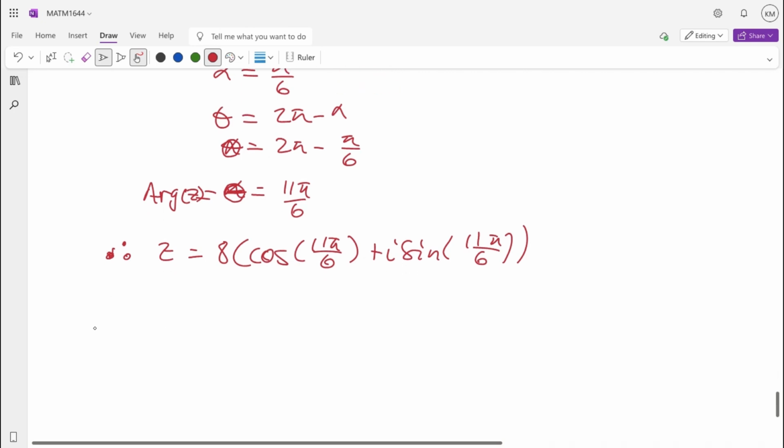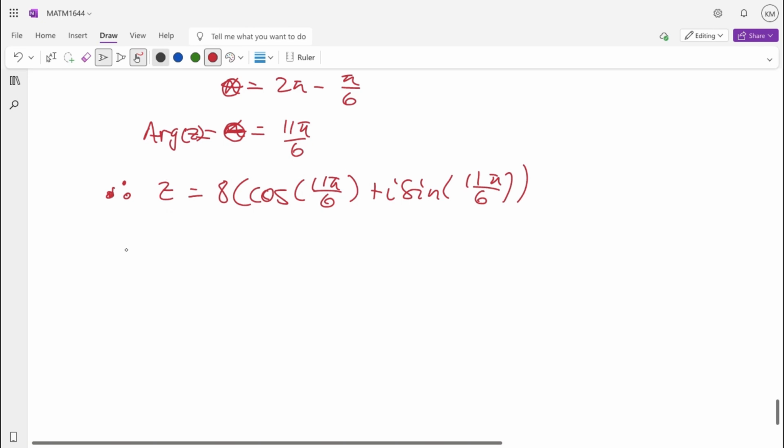Let's do maybe one more example. Say z equals minus 1 plus i. This one will be in which quadrant? It's going to be in the second quadrant. We have minus 1 there and positive 1 there.